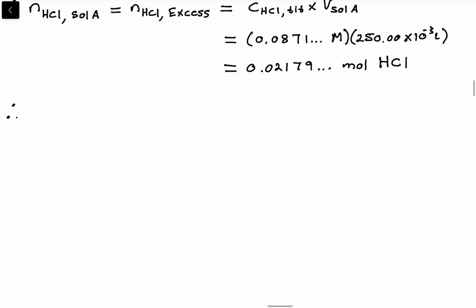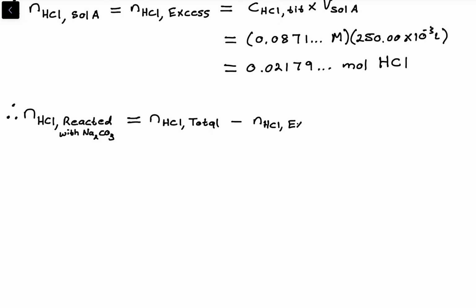So therefore, the number of moles of HCl that reacted earlier, or you can even write it formally, saying reacted with the sodium carbonate, is equal to the number of moles of HCl we had in total, so meaning way at the beginning, minus the number of moles of HCl we had in excess.